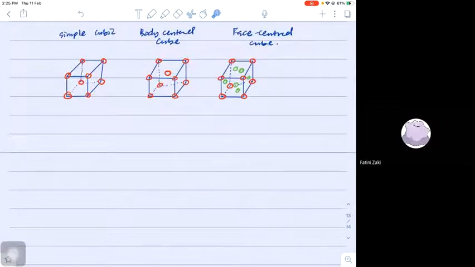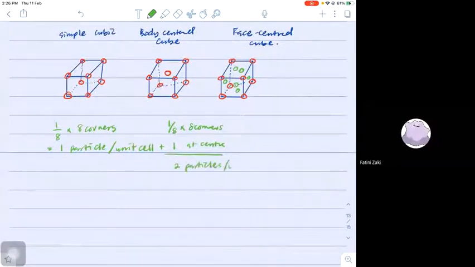So for the calculation of the number of particles per unit cell: this one will be 1 over 8 multiplied by 8 corners, so that it is equal to 1 particle per unit cell. As for this, it is 1 over 8 multiplied by 8 corners plus 1 at the center, so the total will be 2 particles per unit cell.